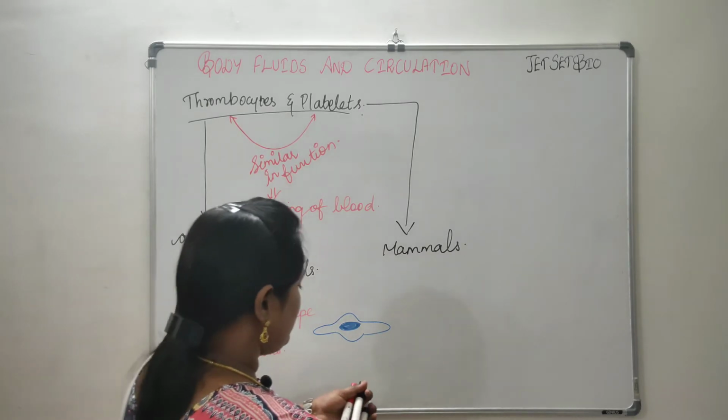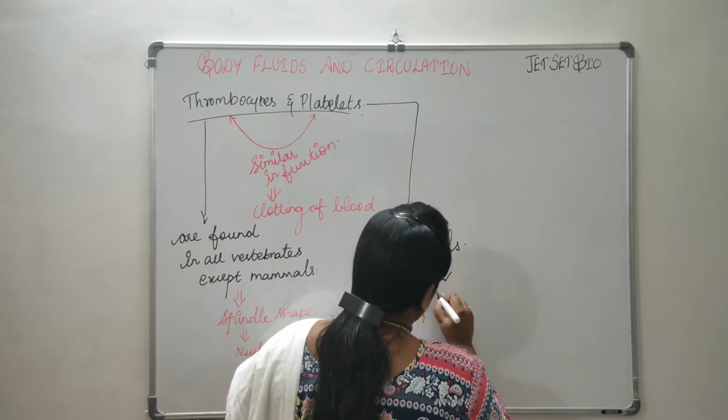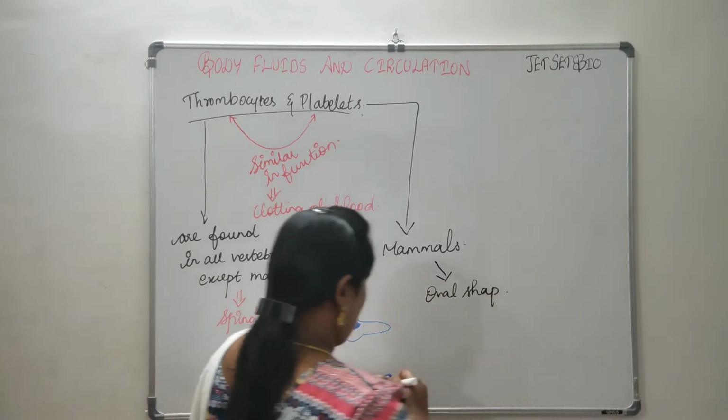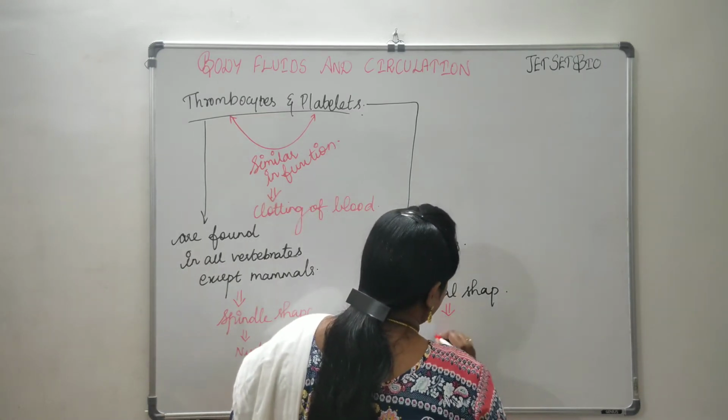Whereas the platelets are oval shaped. Like RBC, they do not have any nucleus.